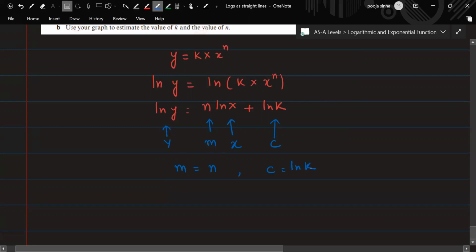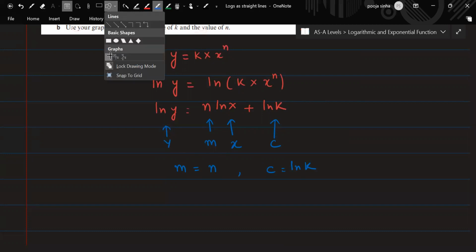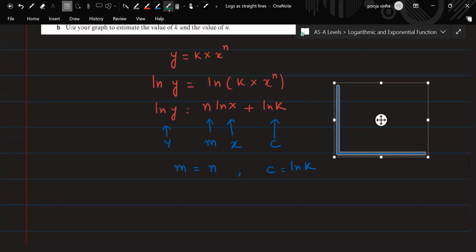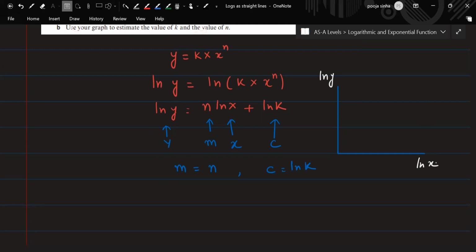Now we are supposed to plot it, right? But to plot, first of all, you need to tell me what I put on the x-axis and what I put on the y-axis. Here it is going to be ln y and here it is going to be ln x, correct?